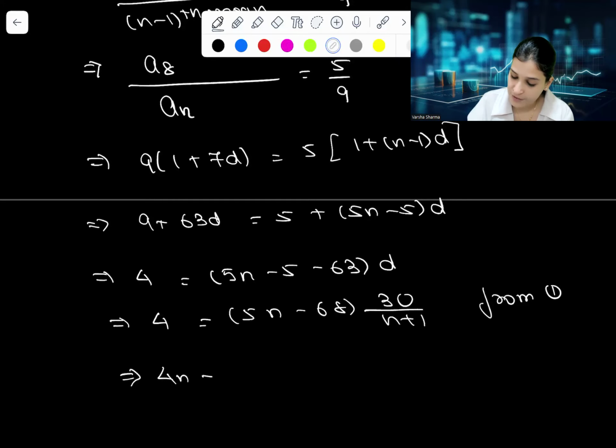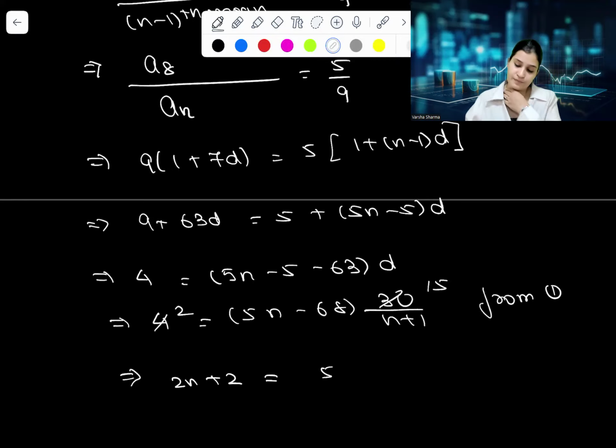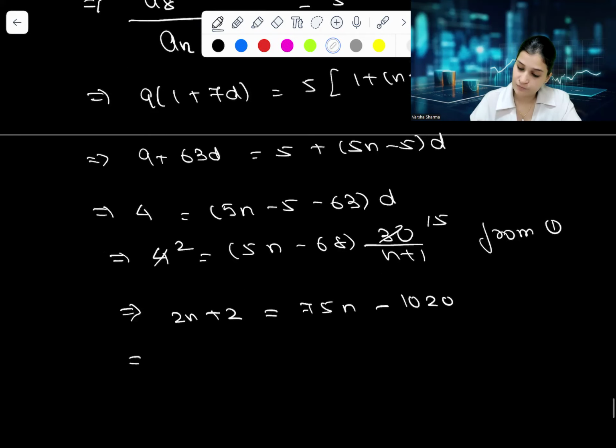So 4n plus 4, I can cancel also, 2n plus 2. 75n, 1020, so 1022 is 73n.